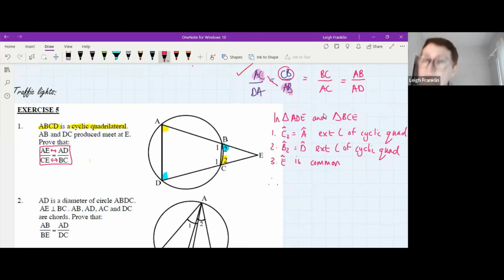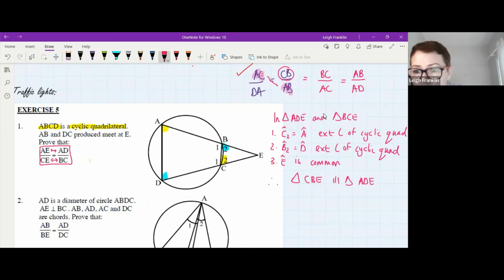Therefore, remember this is the most important line we write. I want you to tell me what to write here. Triangle CBE is similar to triangle ADE.